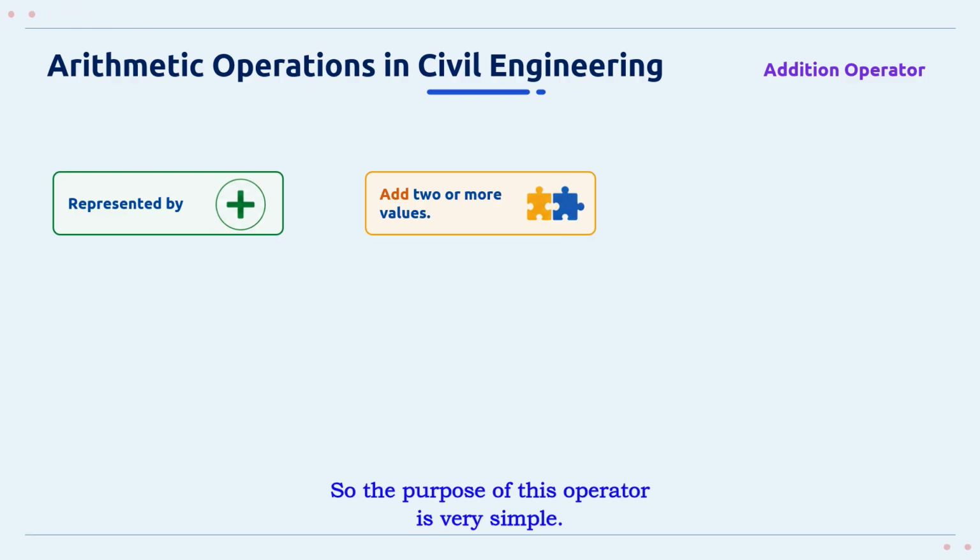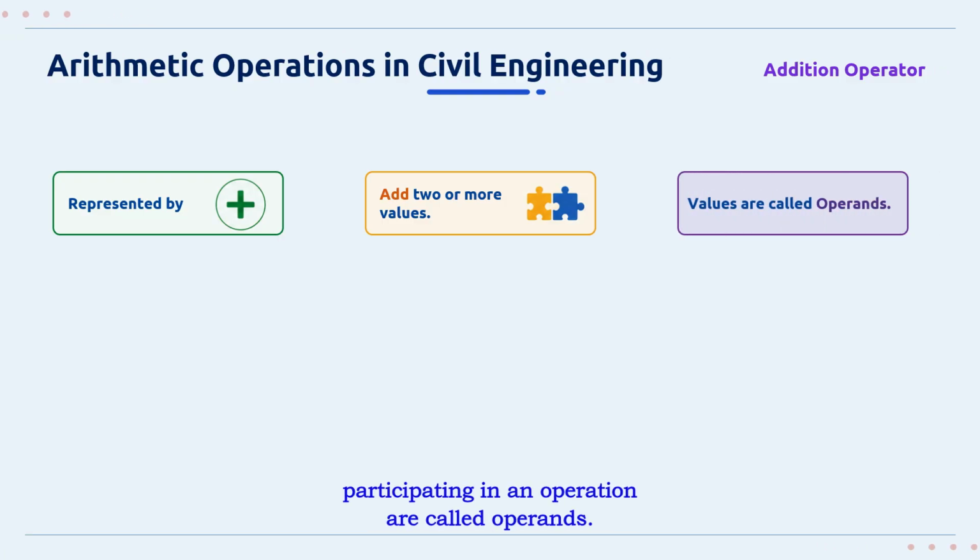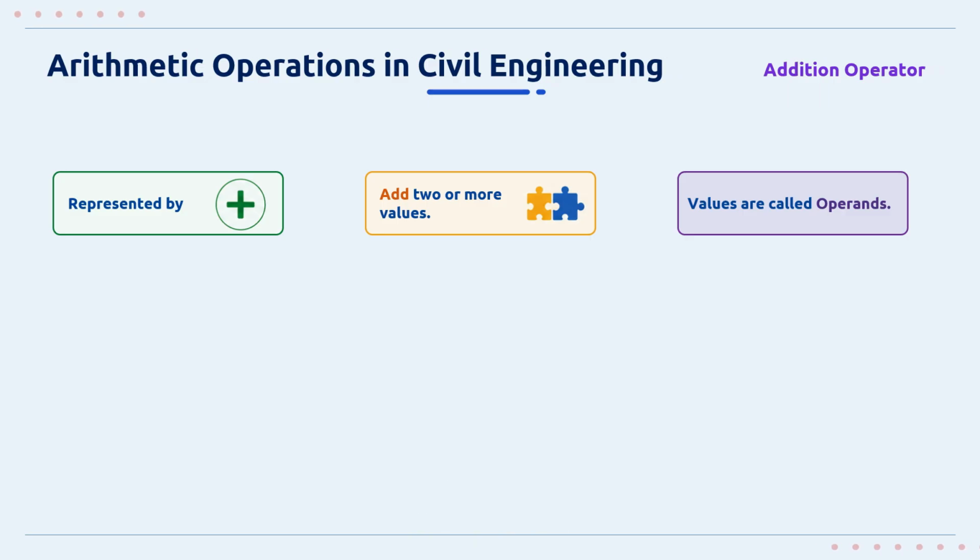So the purpose of this operator is very simple. It is used to add two or more values together. For example, 10 plus 20, 100 plus 50, 25 plus 35 plus 40. All these calculations use the addition operator. Now, these values 10, 20, 100, which are participating in an operation, are called operands.